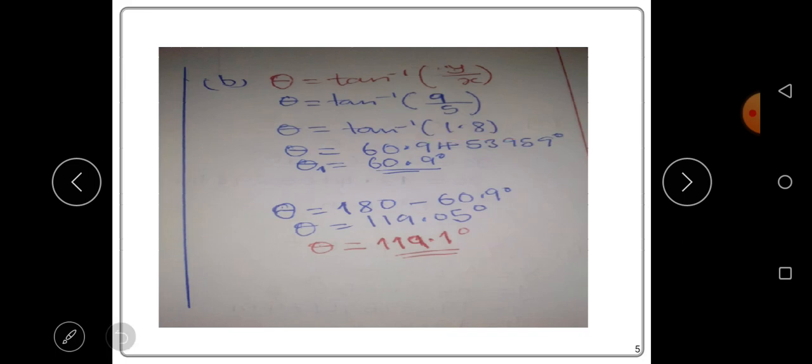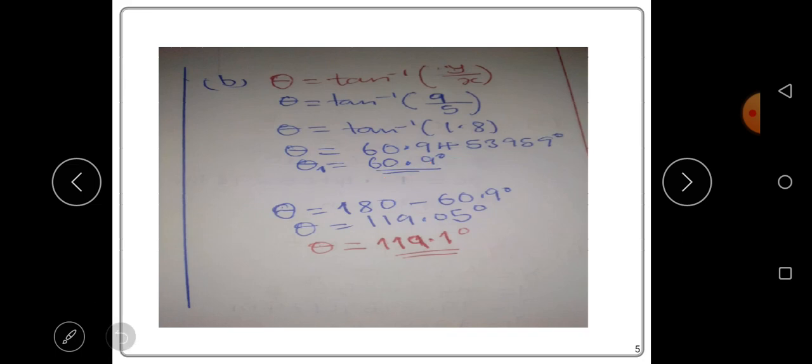Now let's punch this on the calculator. When we punch this on a calculator, we get the angle theta to be 60.945395. We write this to 3 significant figures, and it becomes 60.9 degrees.